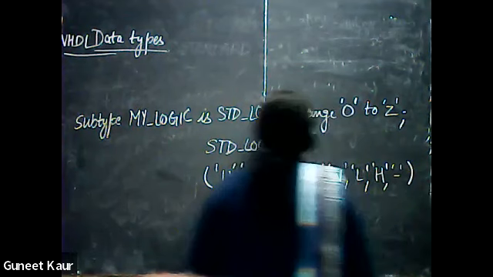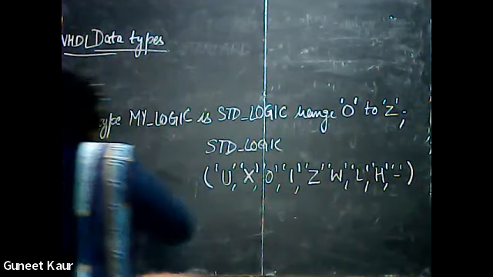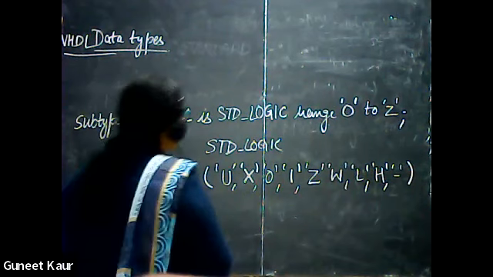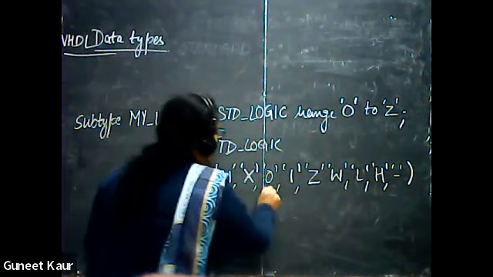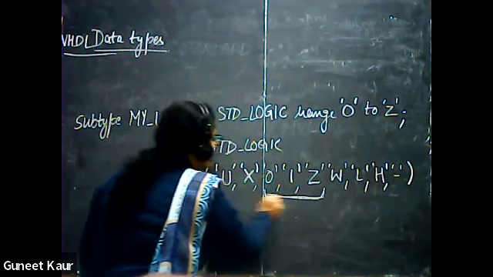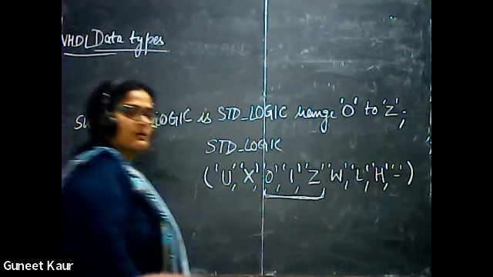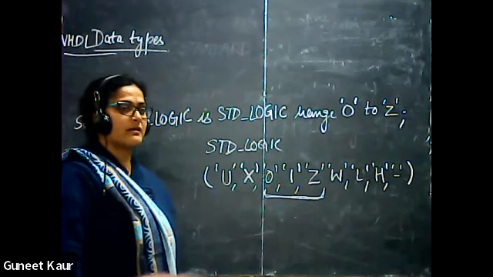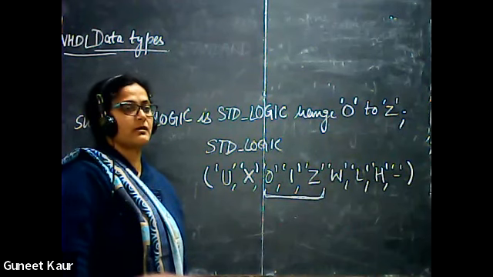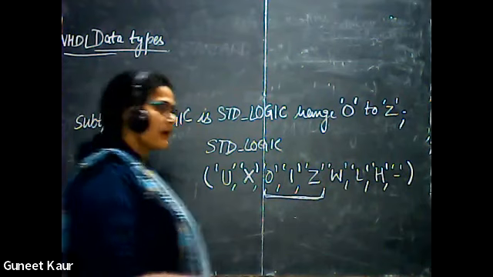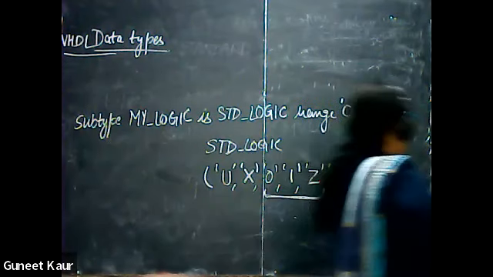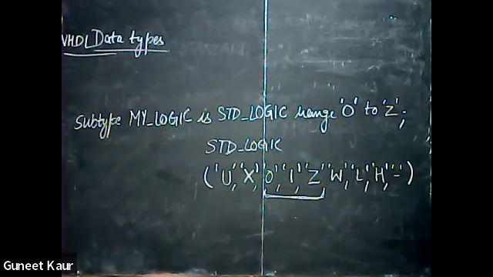And my_logic is using these 3 elements only, from 0 to Z, that is 0, 1, and Z. So the rest of the elements in the main type are not used. So this is the subtype. Now I will compile this subtype.